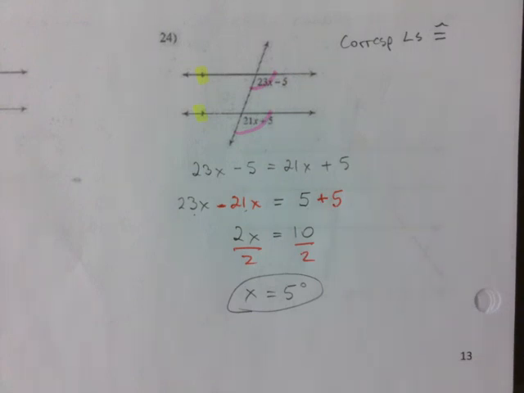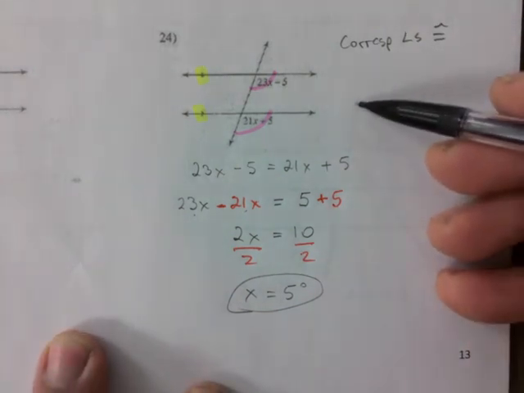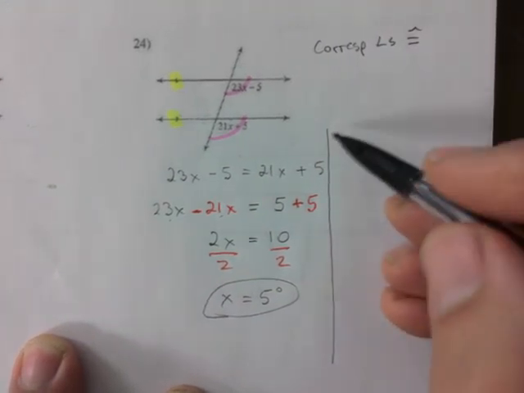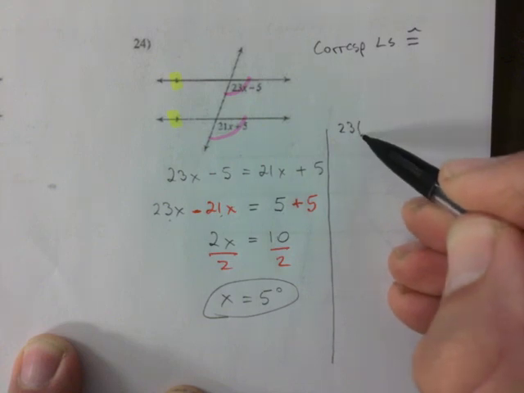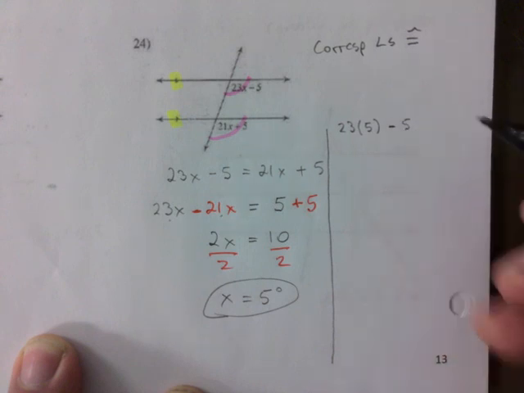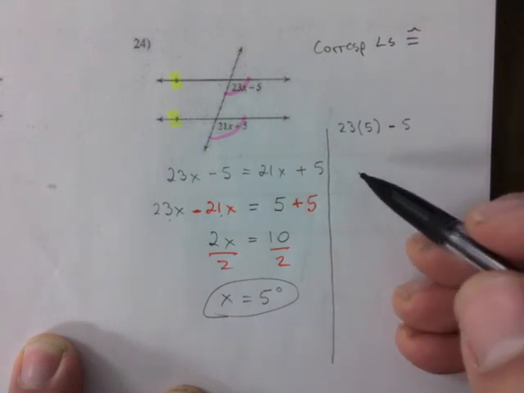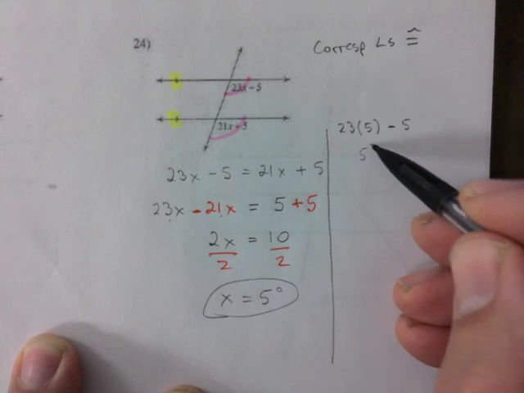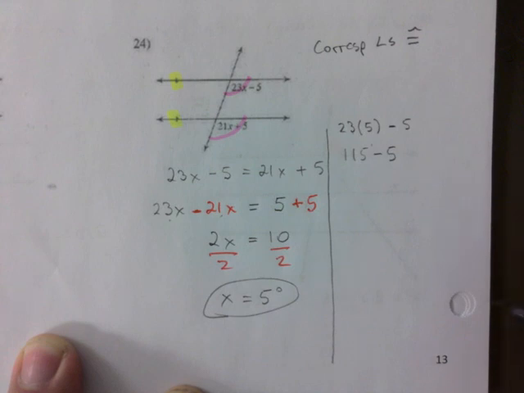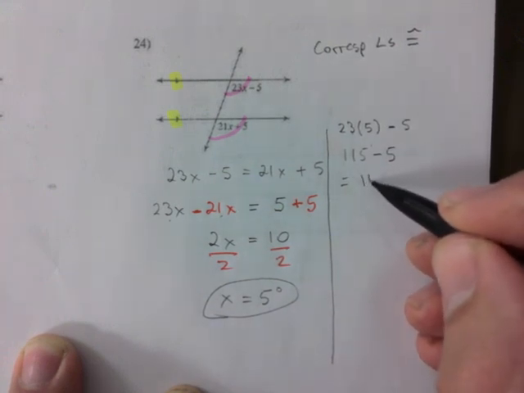It's always in degrees. Now, if they ask you what those angles are, state them. We can check, right? So I'm going to make a line here, and I'm going to say 23 times 5, following this one, minus 5 is equal to 115 minus 5. That would be equal to 110 degrees.